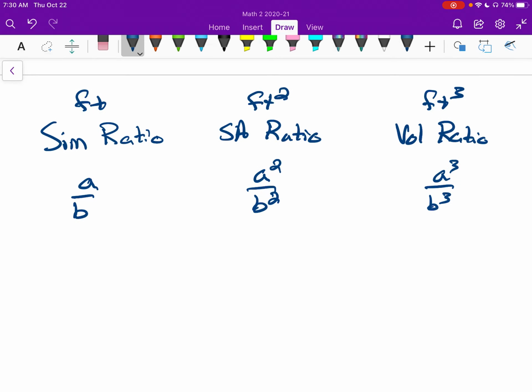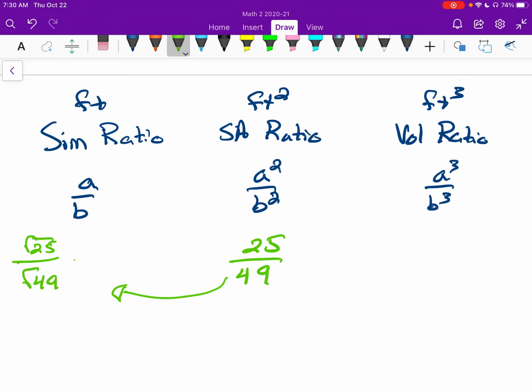So now that I've written this down, we should be able to say that if I told you the surface area ratio for a shape is, I don't know, we'll say 25 over 49, well, we could get the similarity ratio. We would take the square root of 25 over the square root of 49, which gives me 5 over 7.